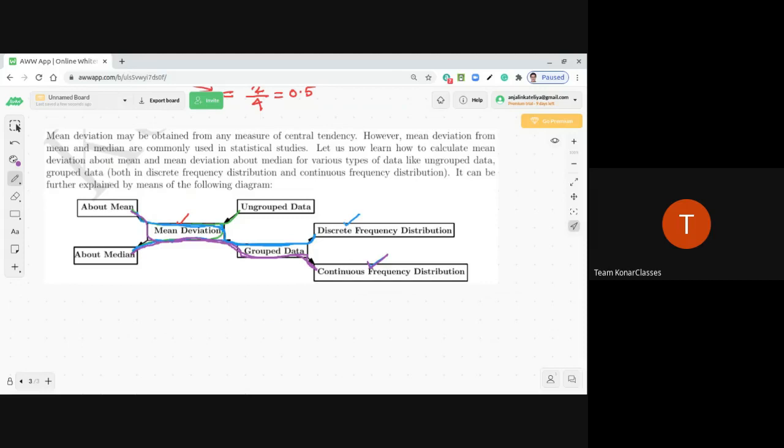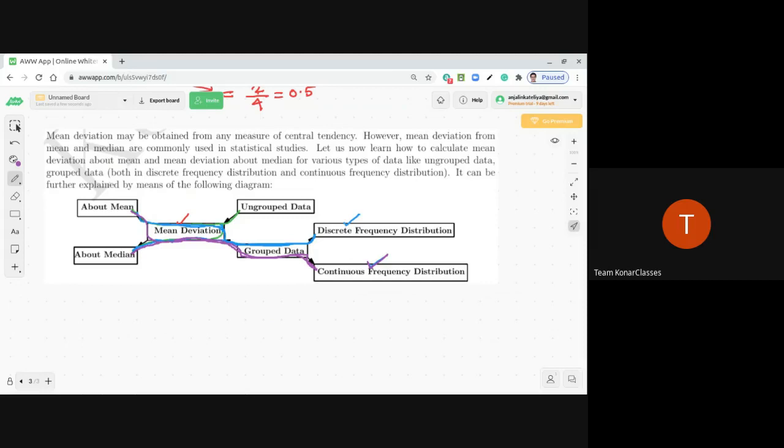Then grouped data is classified into discrete frequency distribution and continuous frequency distribution. Discrete frequency distribution, mean deviation about mean; discrete frequency distribution, mean deviation about median. Then continuous frequency distribution, mean deviation about mean; continuous frequency distribution, mean deviation about median. So in total we have observed 6 categories.